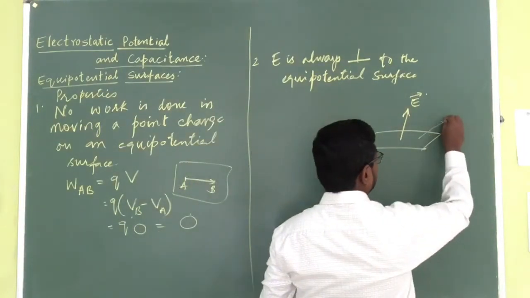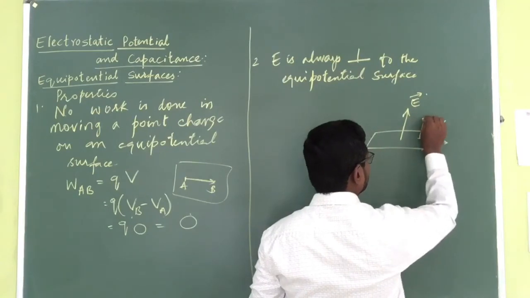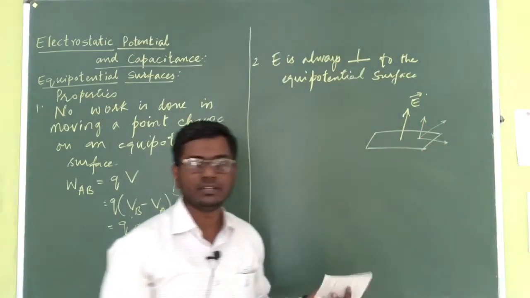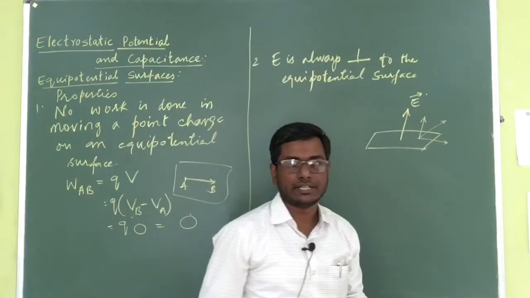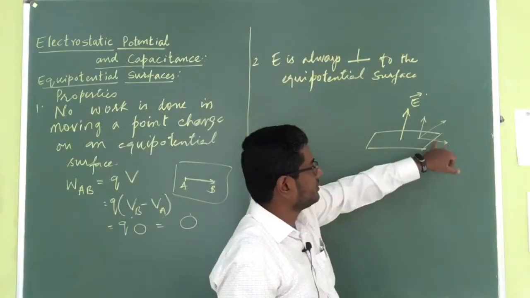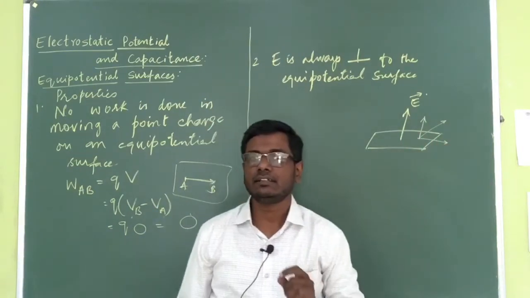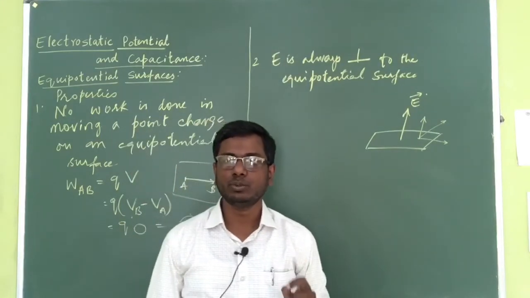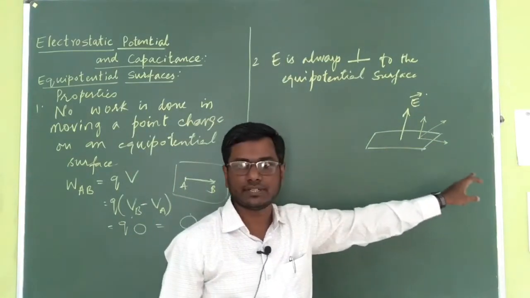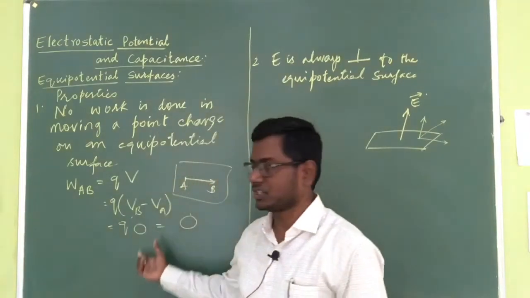Let us say if the electric field was like this, there will be one component which is parallel and one component which is perpendicular. The perpendicular component doesn't matter, but if there is a component along the surface, then work needs to be done to move a charge along the surface, which is practically not true because of the first property.